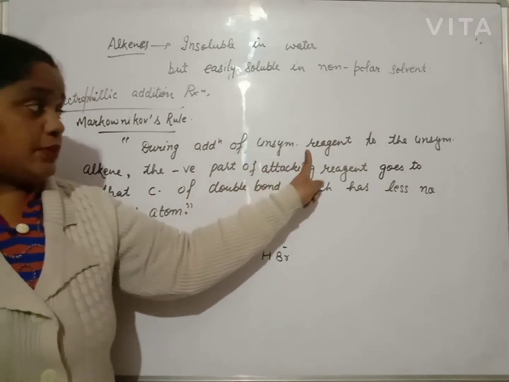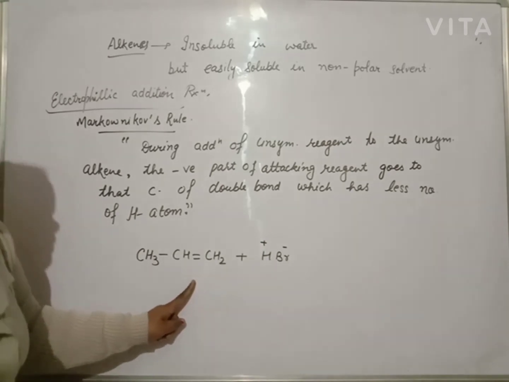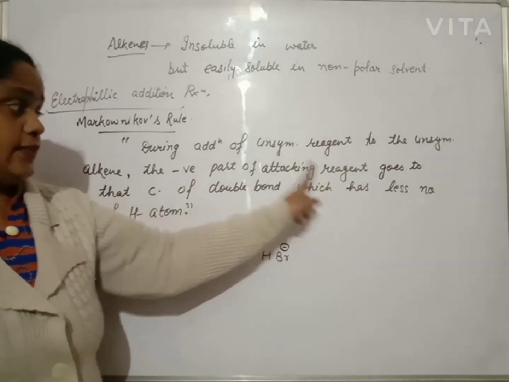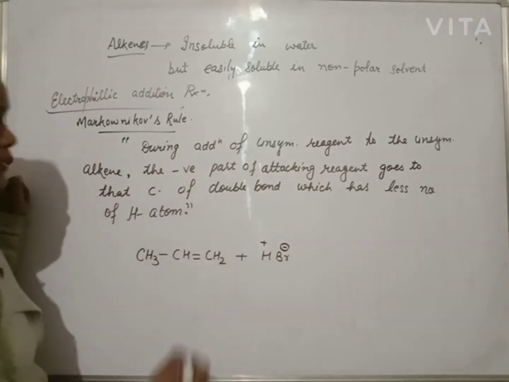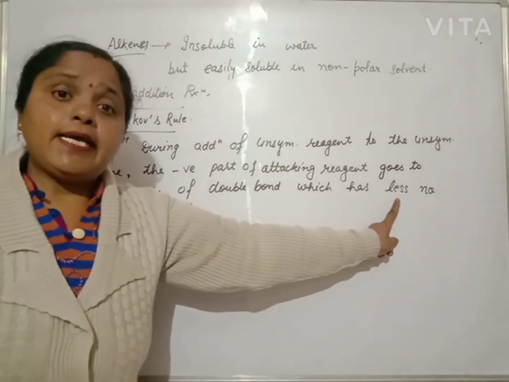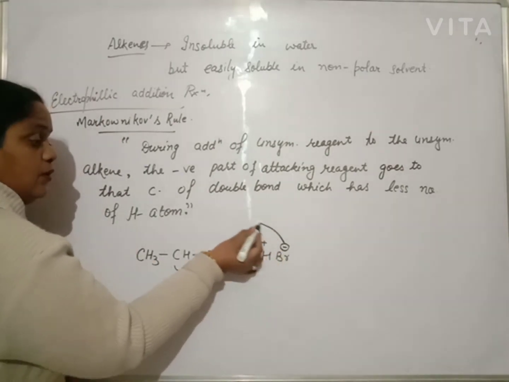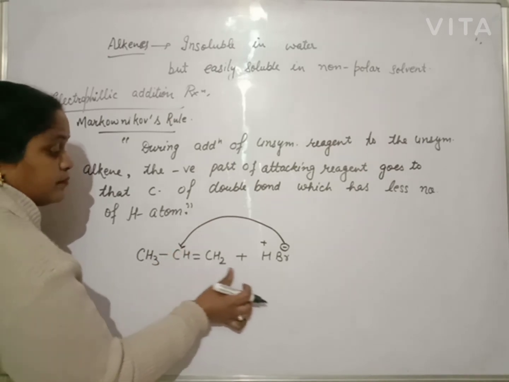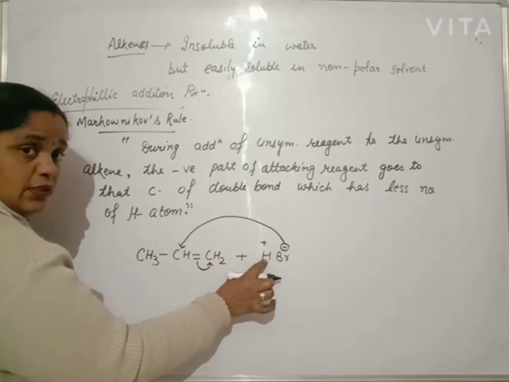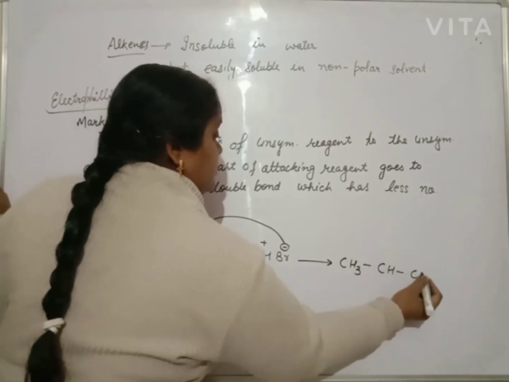During addition to propene, the negative part of the attacking reagent goes to that carbon of the double bond which has less number of hydrogen atoms. One carbon has 2 hydrogen, the other has 1 hydrogen, so it goes to the one with less hydrogen. That carbon has more electrons, hydrogen attacks over it, and we have CH3, CH, CH2.